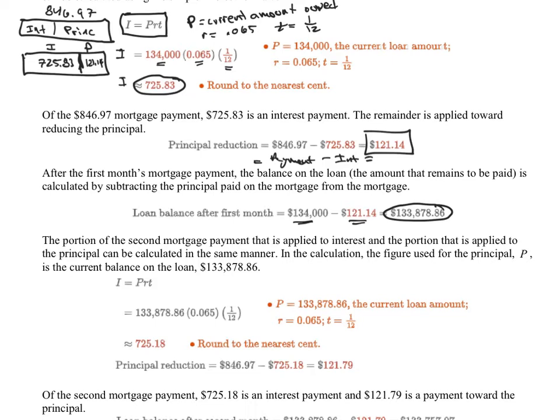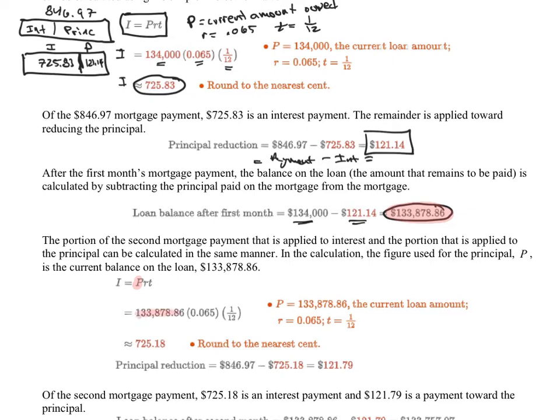Okay, so let's start all over. Let's do I equals PRT, but here's the key this time. P is always the current amount that you owe. I no longer owe the full $134,000. Now I only owe that new amount, which is $133,878.86.